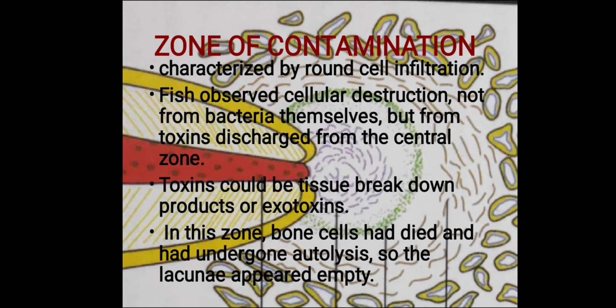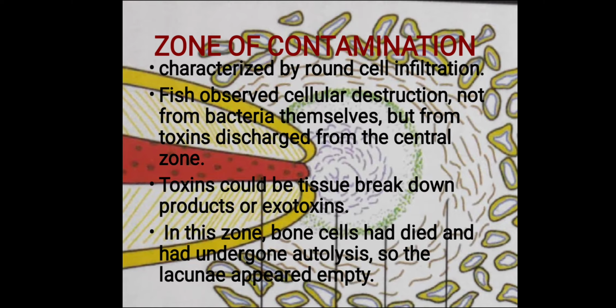Zone of contamination. Predominant cells are round cell infiltrates. Also, lymphocytes were prevalent everywhere. So, Fish observed that cellular destruction is happening here, not from the bacteria, but from their toxins discharged from the central zone.